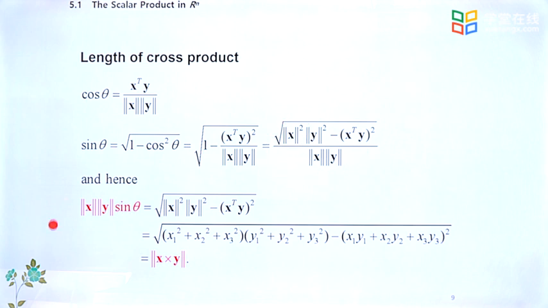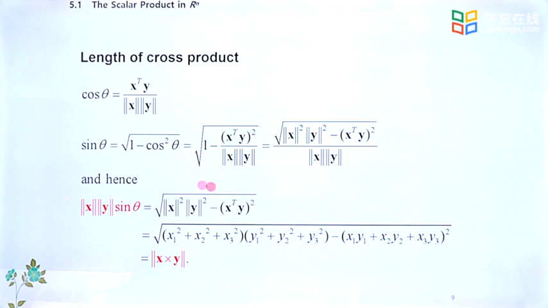Okay, so we have the length of x times the length of y times sine theta equals the square root of the length of x squared times the length of y squared minus the scalar product of x and y squared.